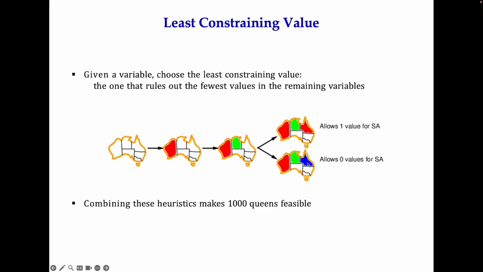So we pick the one that actually puts the least constraint on others. This one allowing 0 values for South Australia means it has more constraint on South Australia, right? So we pick the other one because it gives least constraint, or more flexibility, for the next region.